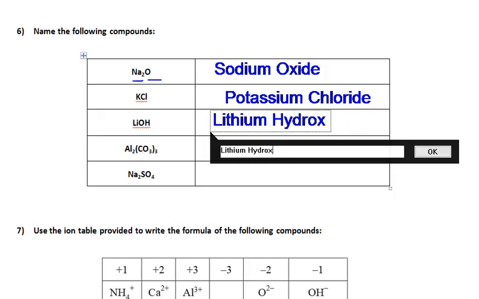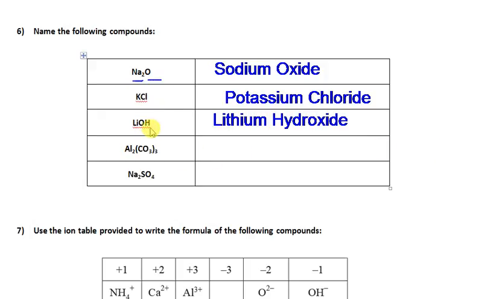I misspelled that, hydroxide. So that's a little bit of a mean one because you've got the hydrogen in there as well. So OH is hydroxide. It's one of the ions you need to know the name of, one of these ugly ones in the next table, and we'll go through the whole list of them when I get into that question. But lithium and OH in this case is hydroxide.